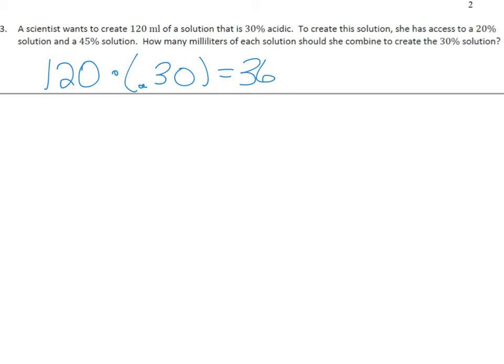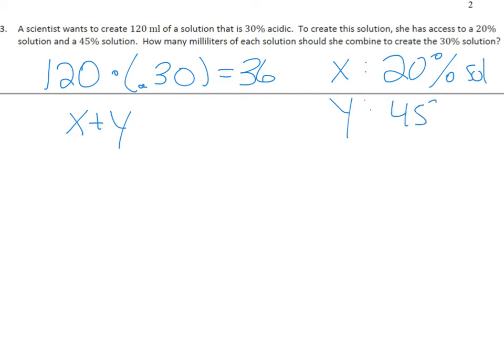So the question's asking us, if I know that I want x plus y, and I'll put it to the side here, x is going to be my 20% solution, and y is going to be my 45% solution. So I want their total, x plus y, to equal 120, the total.